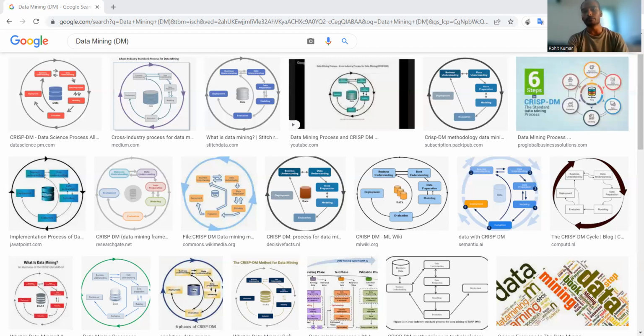Okay, so coming to the actual research work: it comes in the form of a patent, a copyright, or a journal publication.